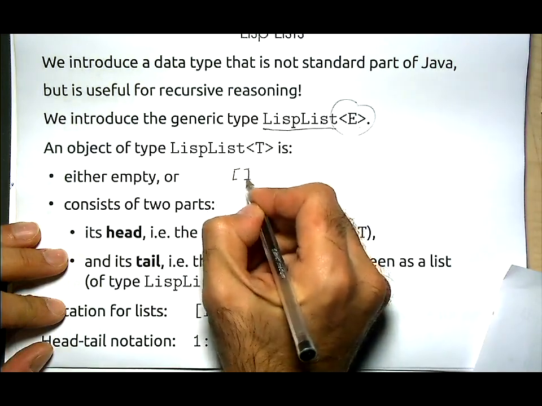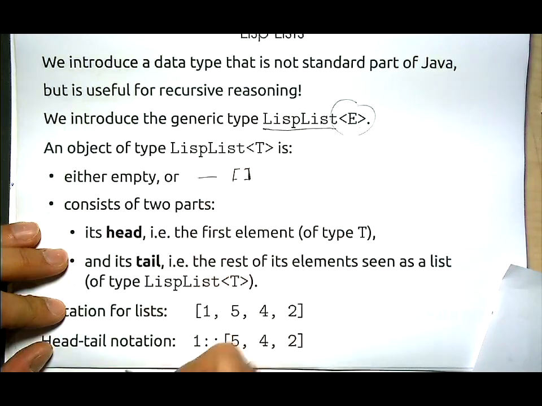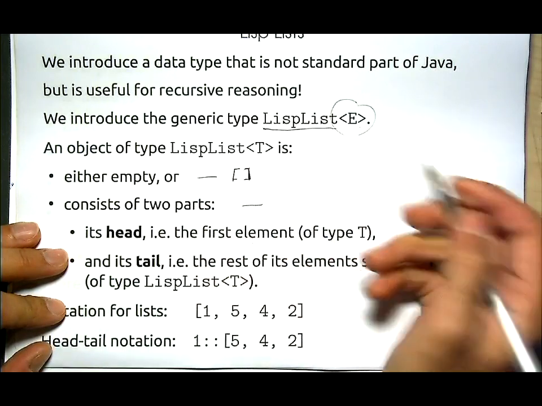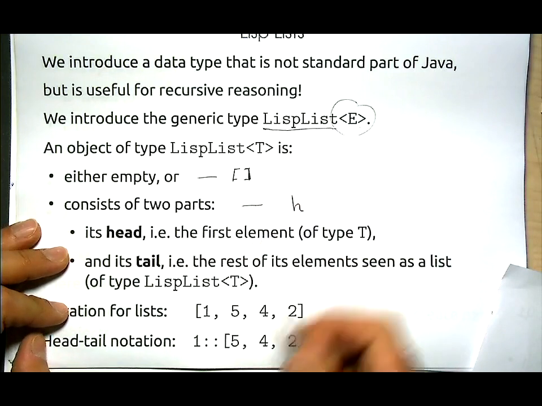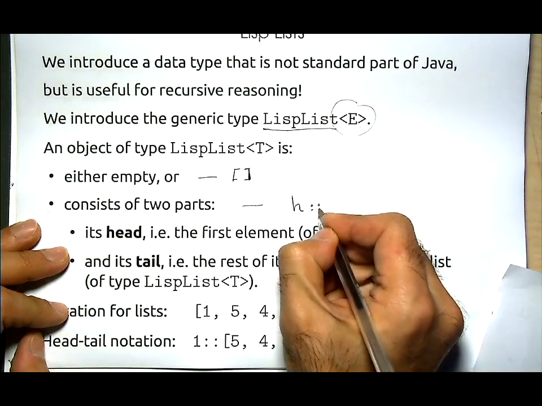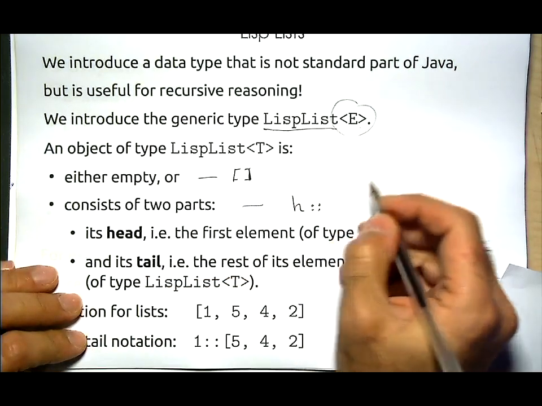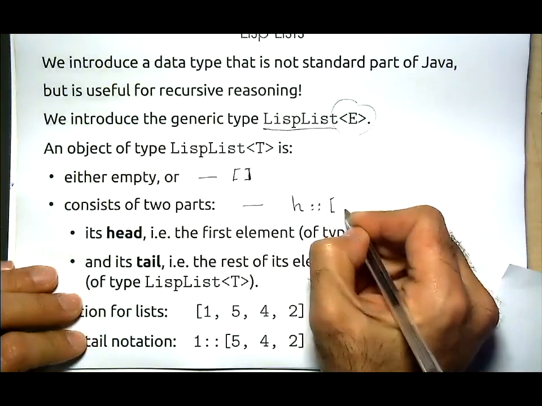so it's an empty list without any elements, or the list consists of two parts. It has a head element, and then it has a remainder. And this remainder is called the tail. So if I were to use this notation, I would say, okay, we have a head element and then we have another list.